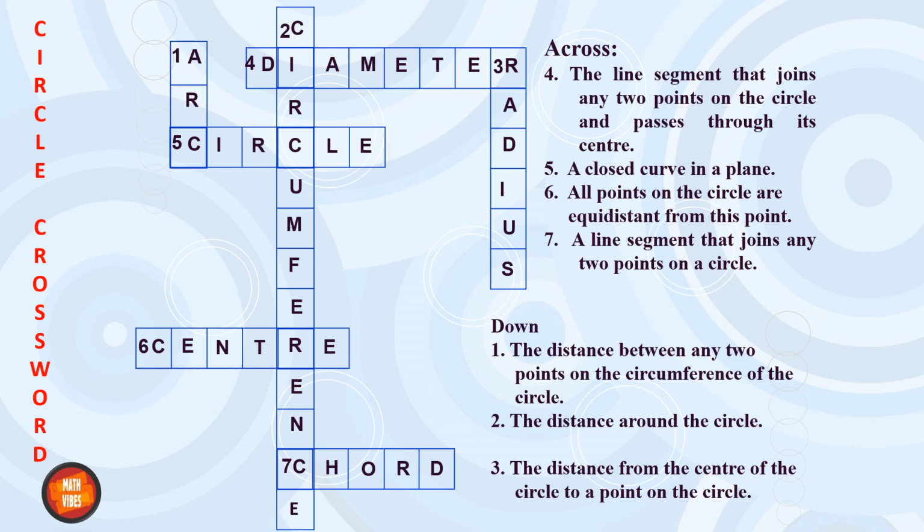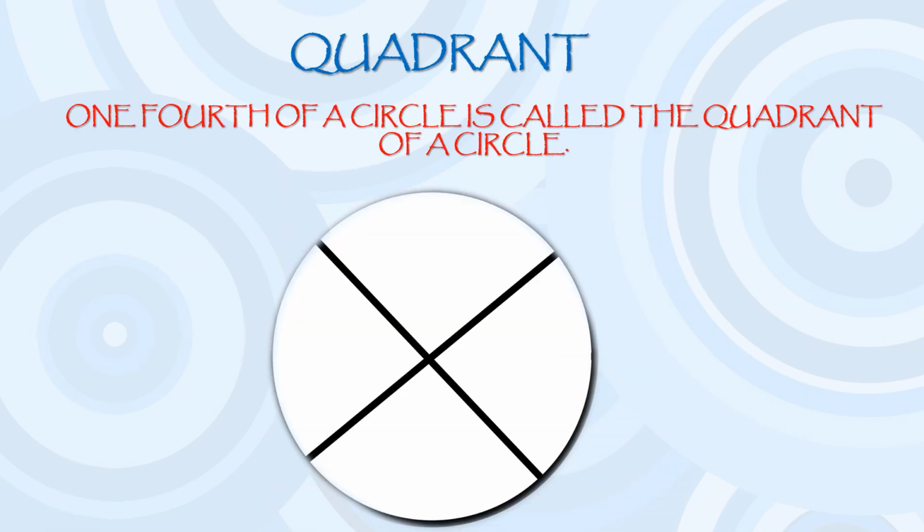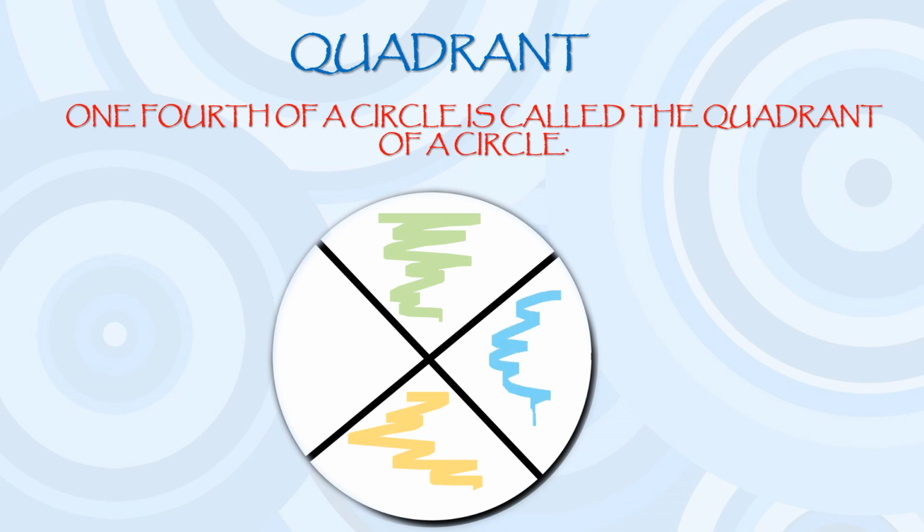Now there is one more element of a circle, which is quadrant. What is a quadrant? 1/4 of a circle is called the quadrant of the circle. That means this portion or this portion or this portion or this portion, if you take it individually, it will be 1/4 of the circle.